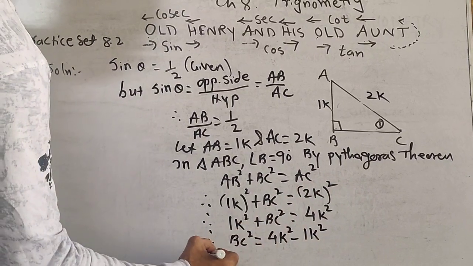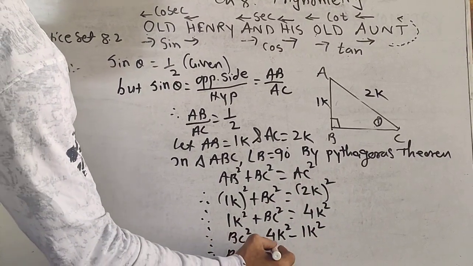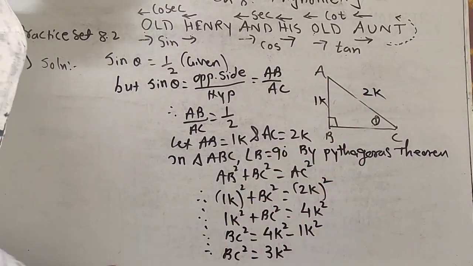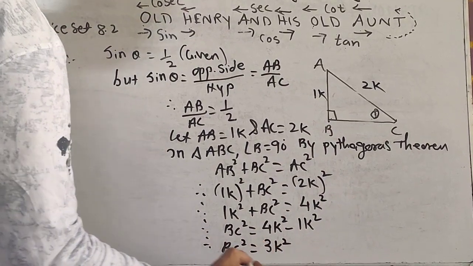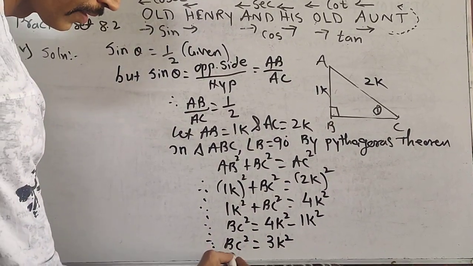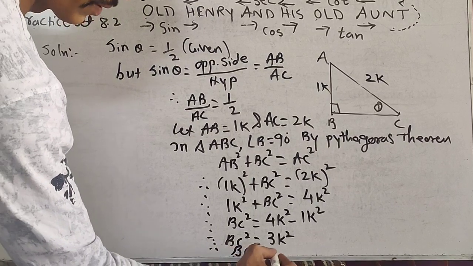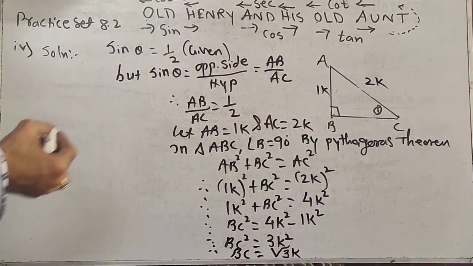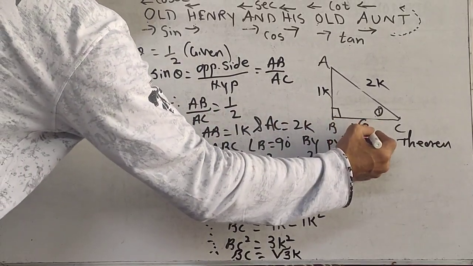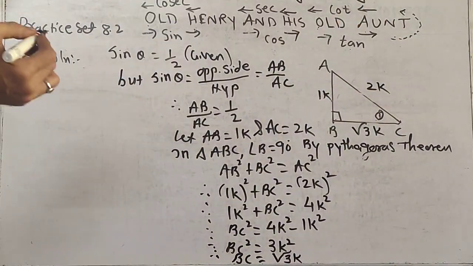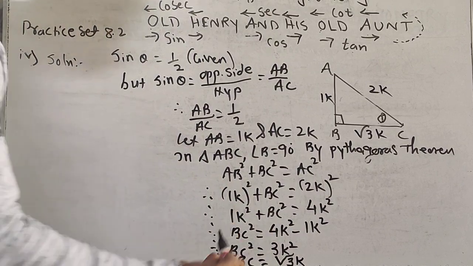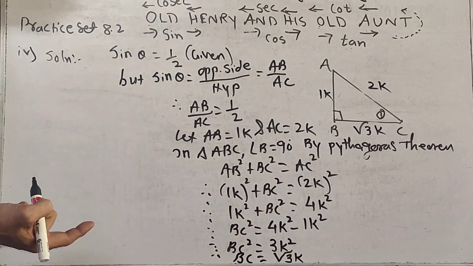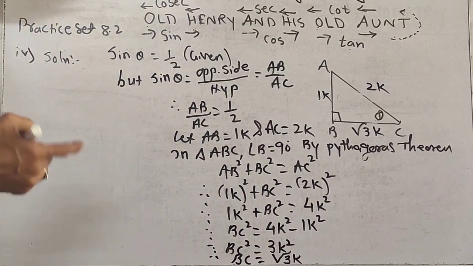So you will get BC square is equal to 3K square. Okay, and therefore BC is equal to root 3K. BC value you will get root 3K. Okay, because 3 का square root हम लोग नहीं लिख सकते, so it will be under root 3.